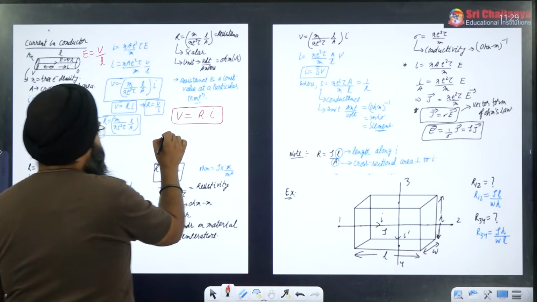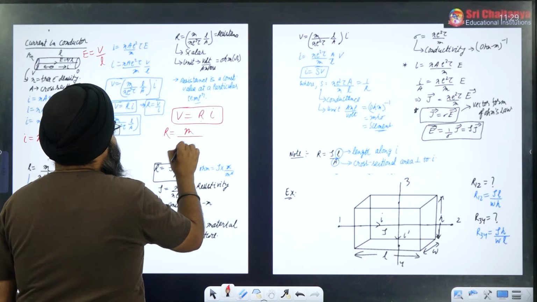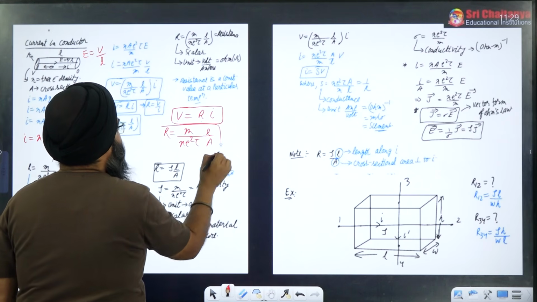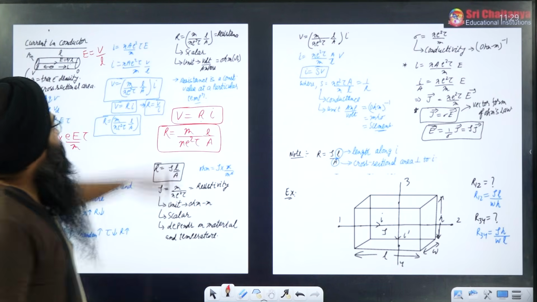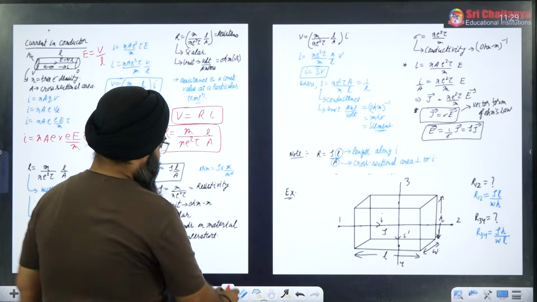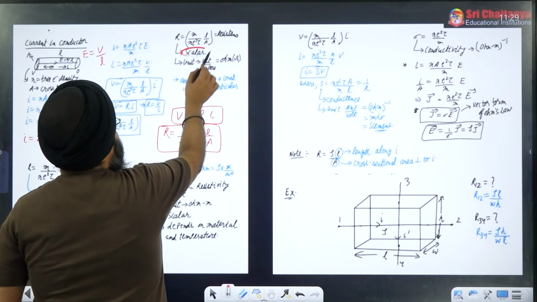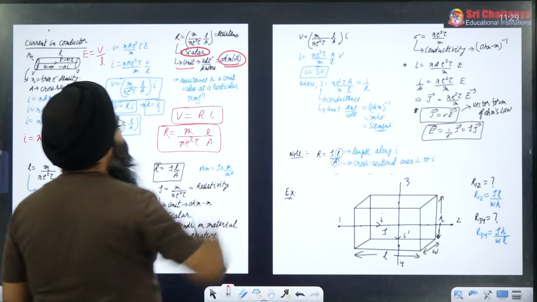And what is the value of this resistance? This resistance is m upon ne squared tau, into L divided by A. This is the resistance of the material of the conductor. It is a scalar quantity, and its unit is volt per ampere, which is given as ohm.